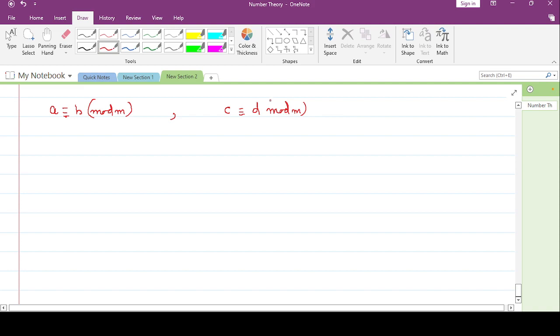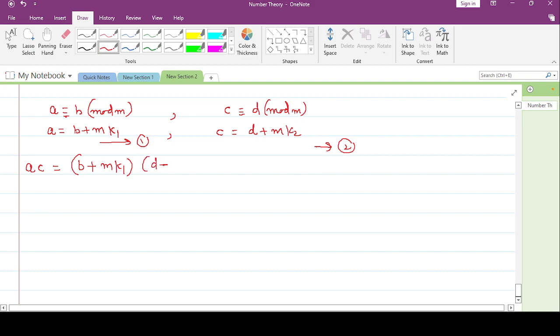We wrote these two equations in the previous part, that a equal to b plus m into k1, and c is equal to d plus m into k2, equation number 1 and equation number 2. Now you multiply a with c. So what do you get? b plus mk1 into d plus mk2.